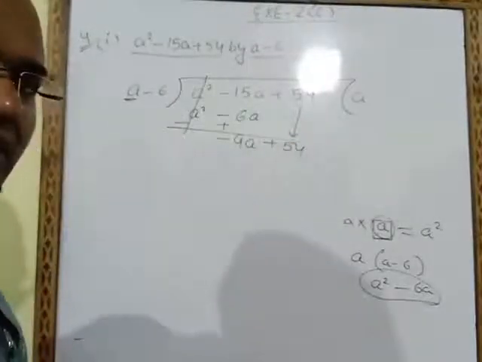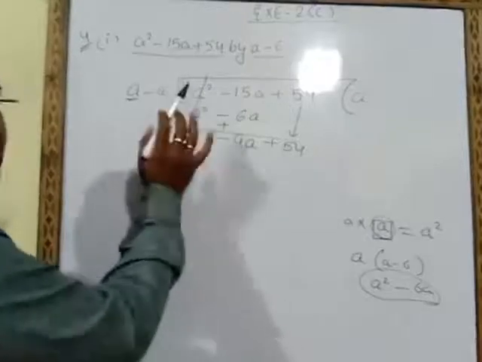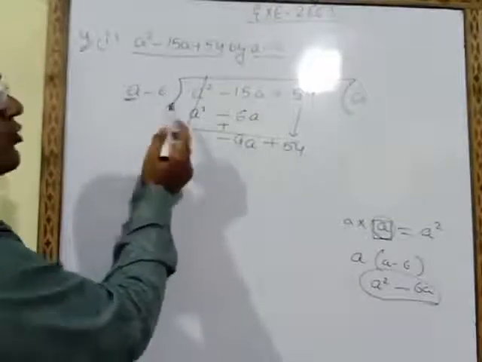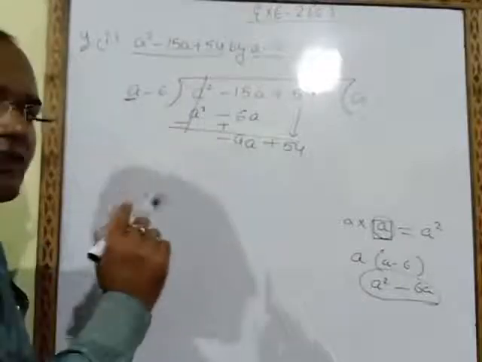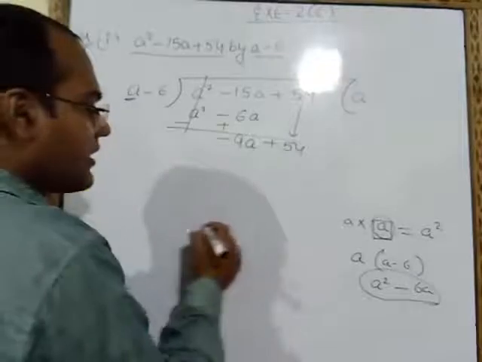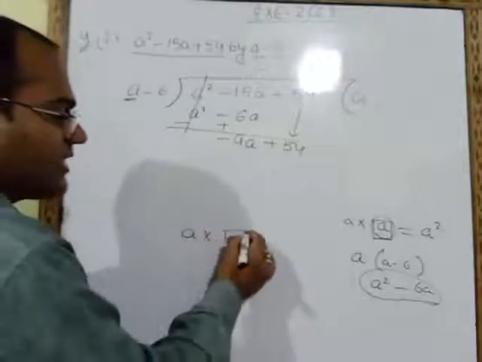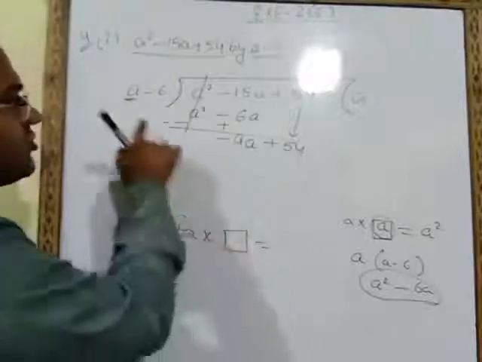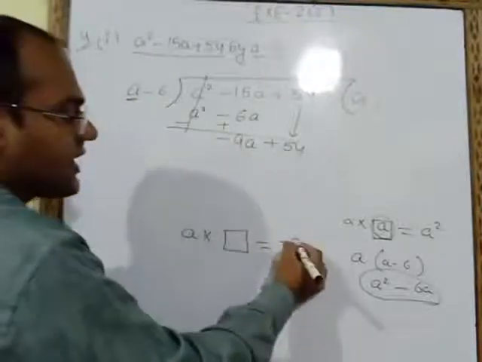Now in the next step, as we did in the first step, a multiplied by a to get a square, the same work we have to do here also. This a multiplied by some number, so that on multiplying we get minus 9a.